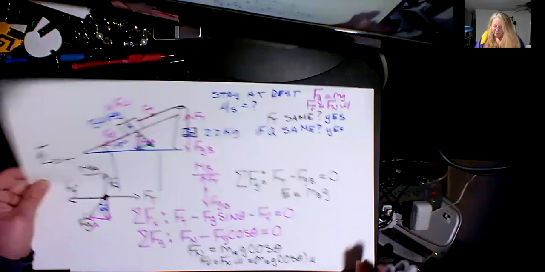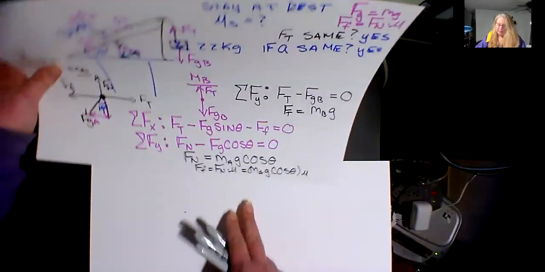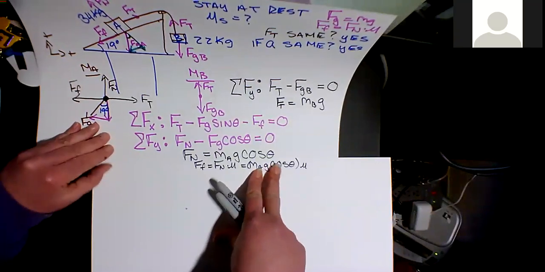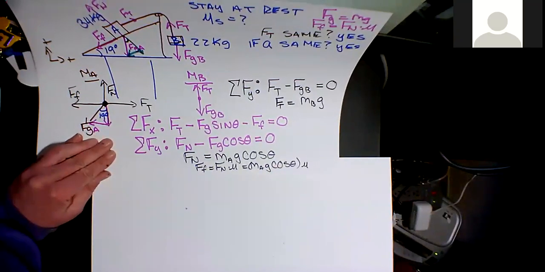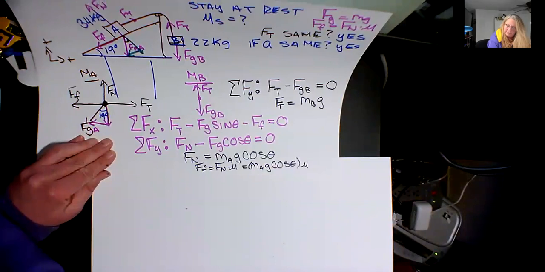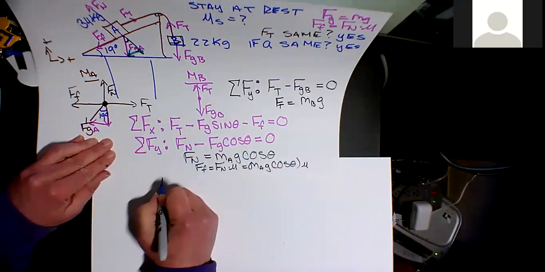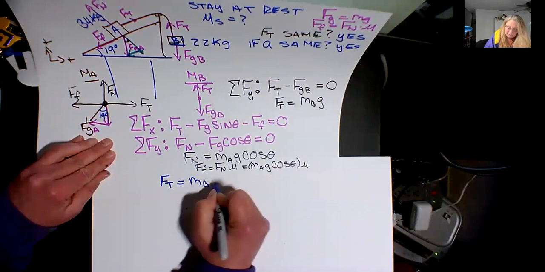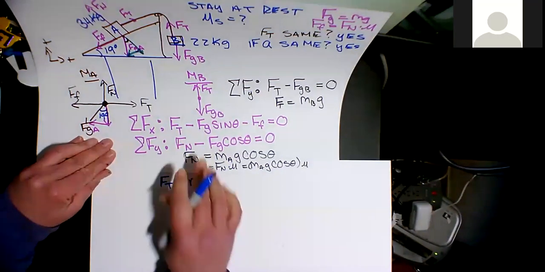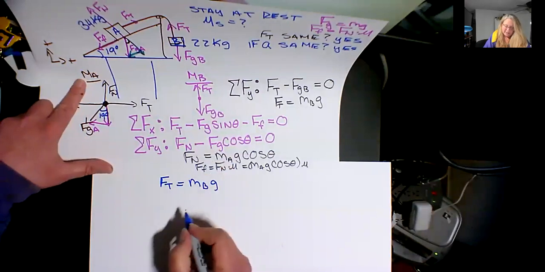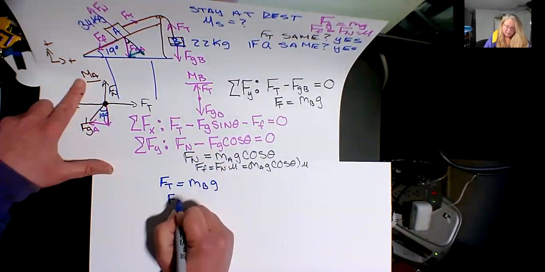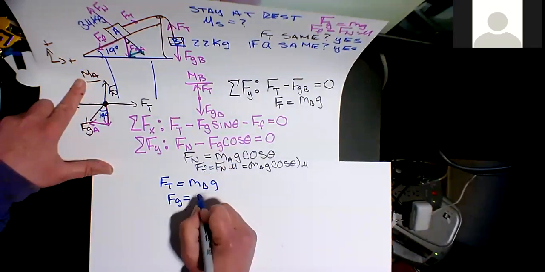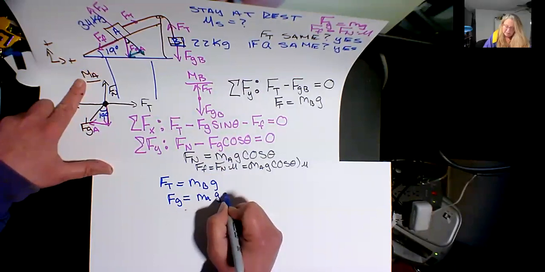So then we're almost there, because now I can just put in the pieces that I know. I've defined force tension as mass B times gravity. Fg, this is for this mass A, so Fg is going to be mass A times gravity times sine theta.